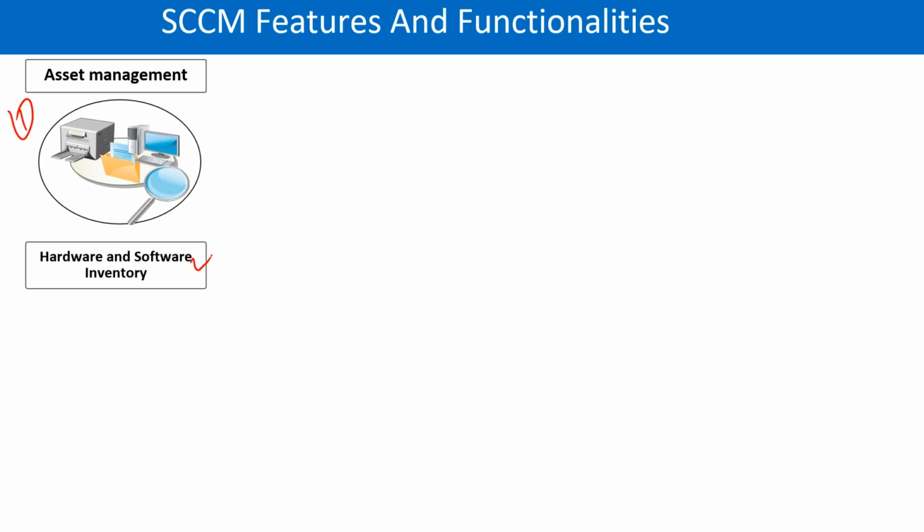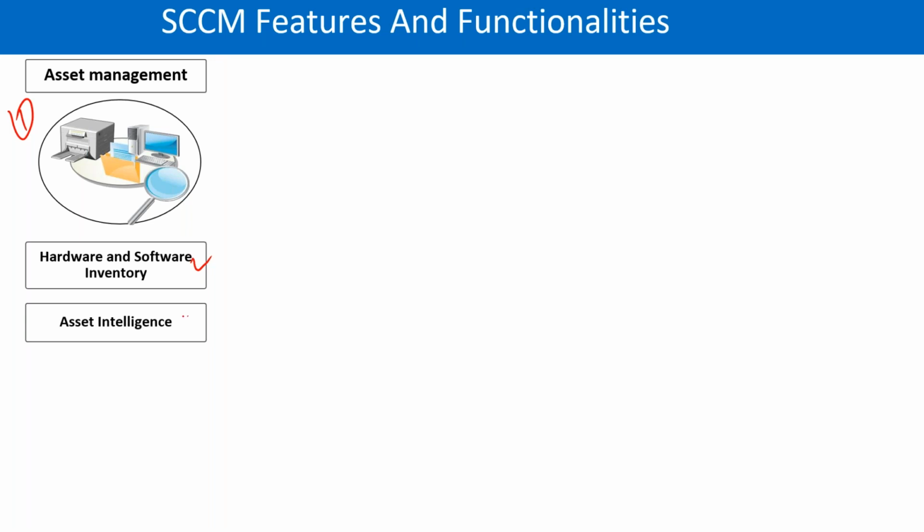Let's say you can find out how many computers have 10 gigabytes of RAM, how many computers have a Windows 10 operating system, how many computers have a particular software installed. So you can get everything from the devices. That's the first thing, hardware and software inventory.